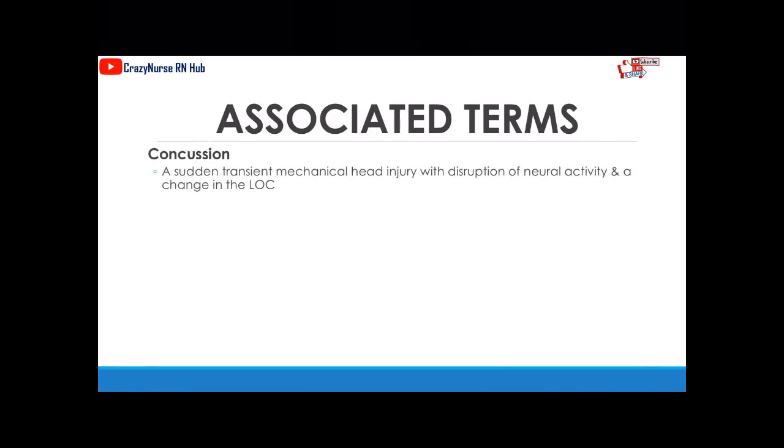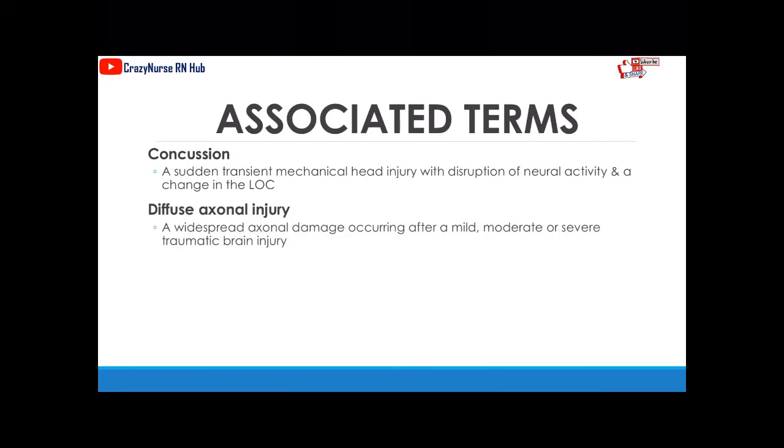So we have here associated terms with regards to your head trauma. First is your concussion. It is a sudden, transient mechanical head injury with disruption of neural activity and a change in the level of consciousness. We also have your diffuse axonal injury.